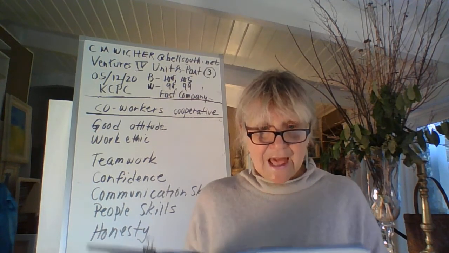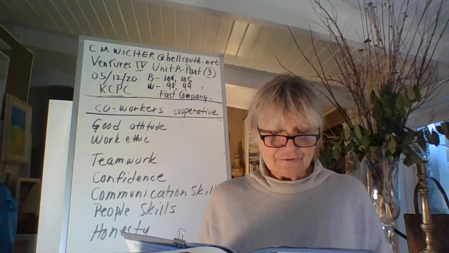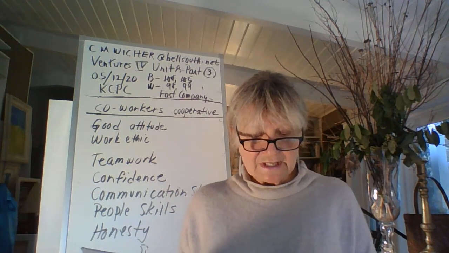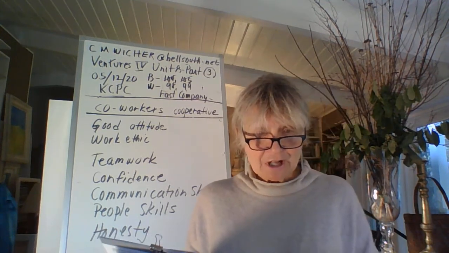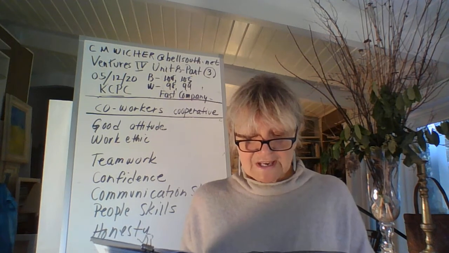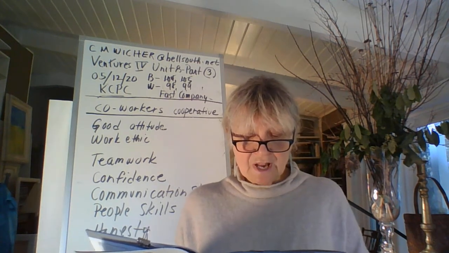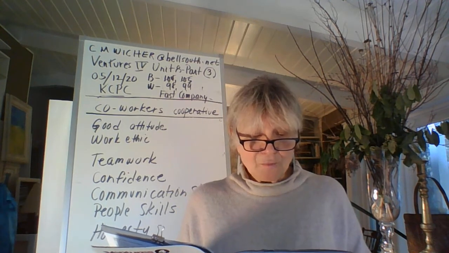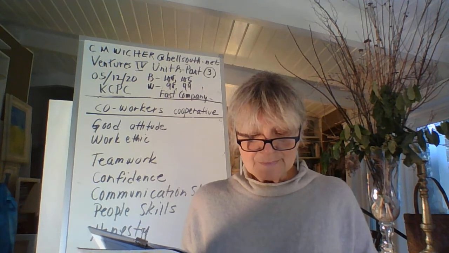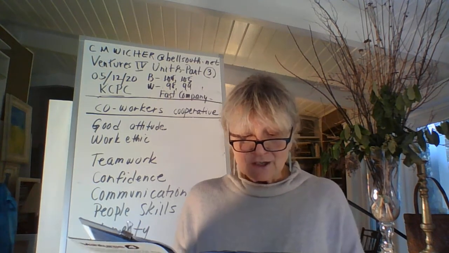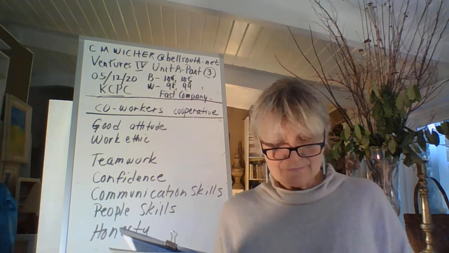Help wanted. The public library requires a full-time library assistant in the children's department. Duties include shelving books, working at the checkout counter, reading stories to young children, and participating in our homework helper program after school. You must have experience working with children and communication skills in English and Spanish.